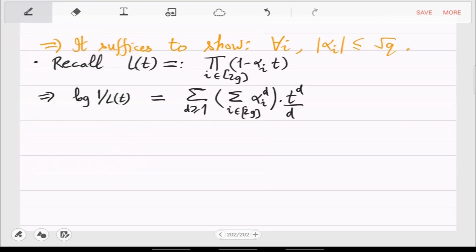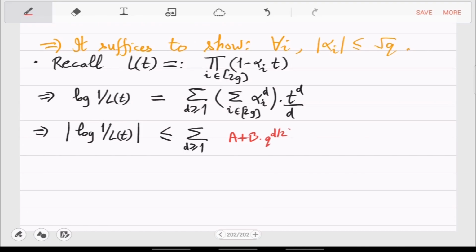So here I want to plug in the estimate now. So what is that? The estimate is a plus b times q raised to d by 2.